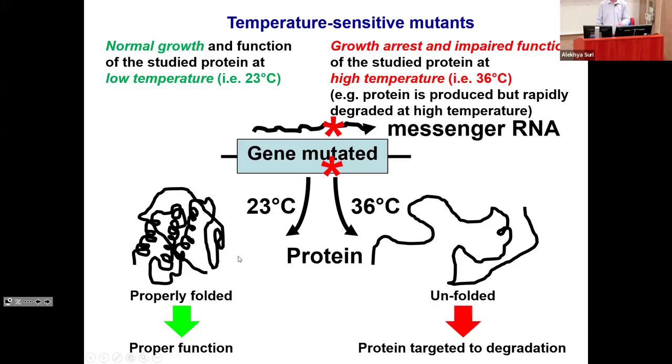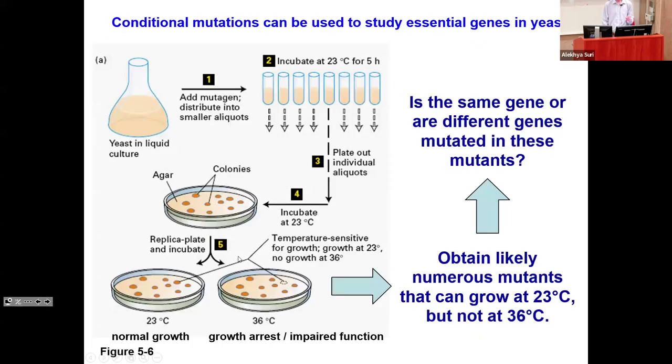So using this strategy, we can now create temperature-sensitive mutants. If we come back to this scheme where we plate out cells on agar plates and look for colonies that will appear at normal temperature but not at high temperature, you would not just see one colony.